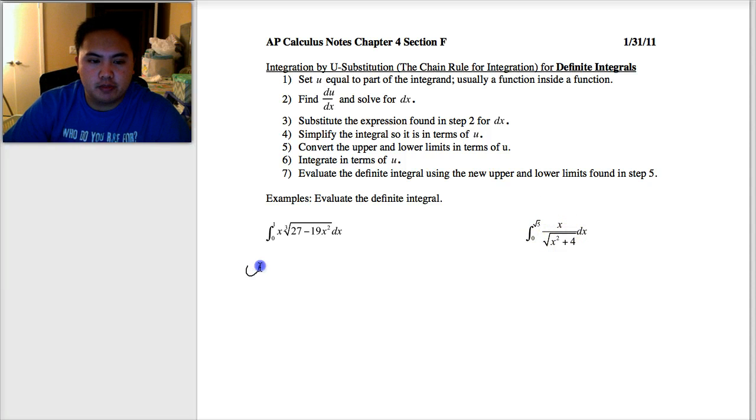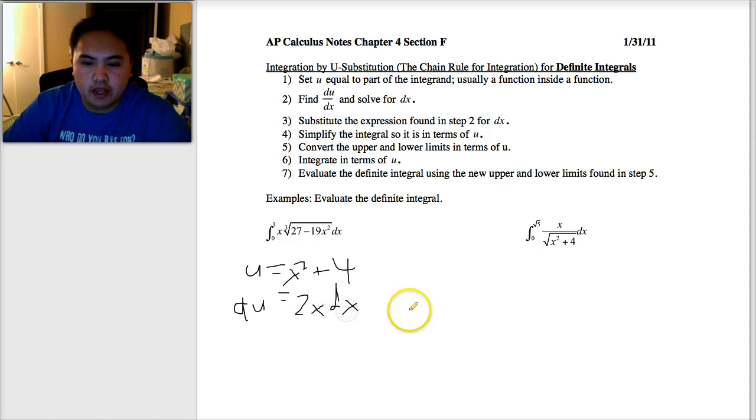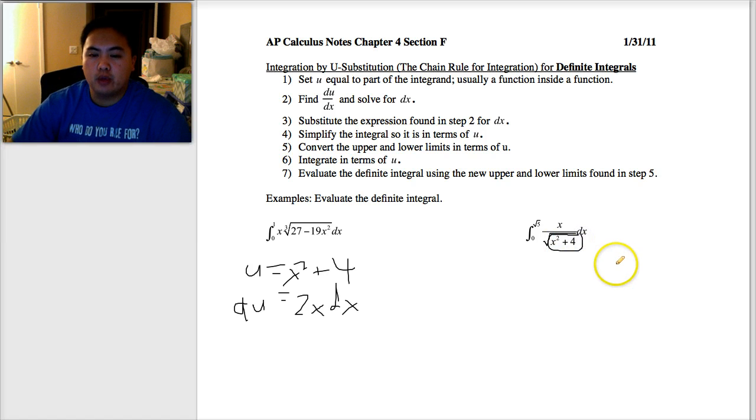What's going to be my u for this problem? Yeah, x squared plus 4. If that's u, what's du going to be? Yeah, 2x dx. Again, I'm going to analyze my problem and see what I have to replace. This right here is going to turn into u. And what x's do I have left? Yeah, I have this x dx, which means in my du problem, I need to get x dx by itself.